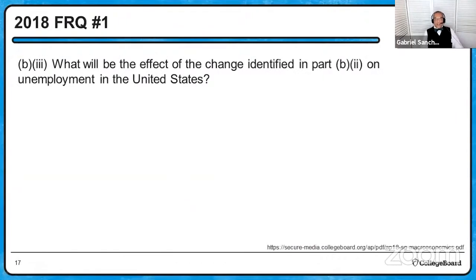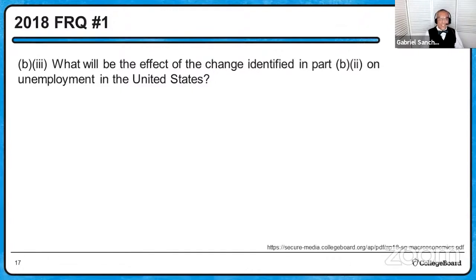What will be the effect of the change identified in part B II on unemployment in the United States? So again, what will be the effect? Again, a 4-choice, multiple choice question, and they are not asking for an explanation.